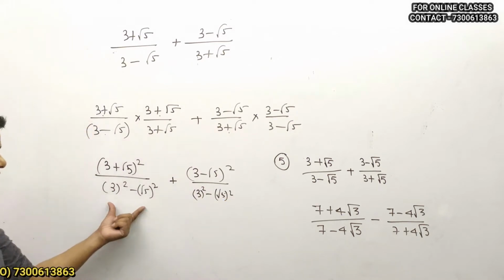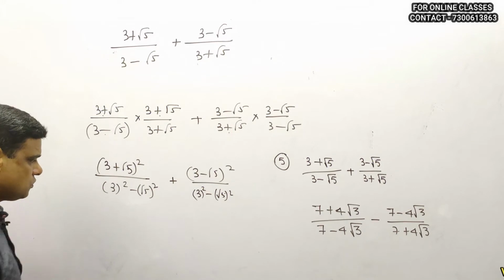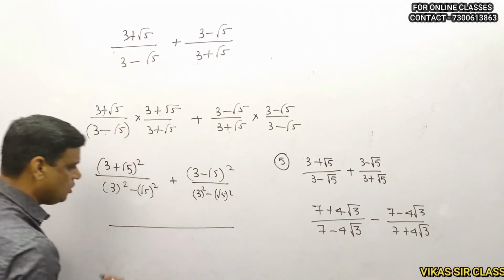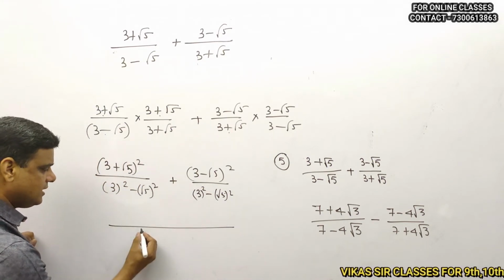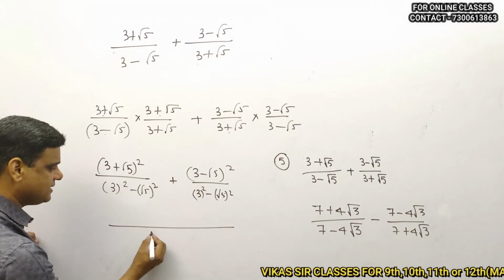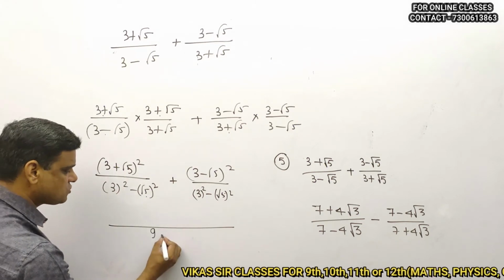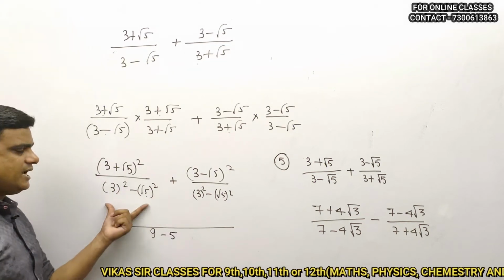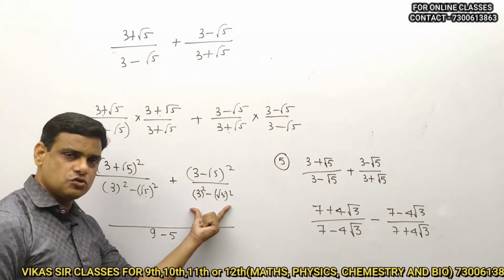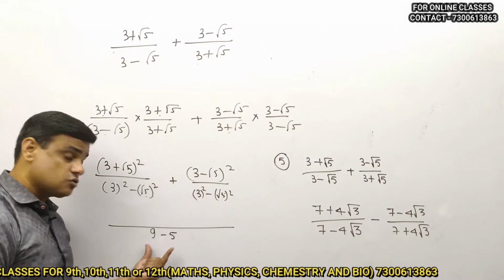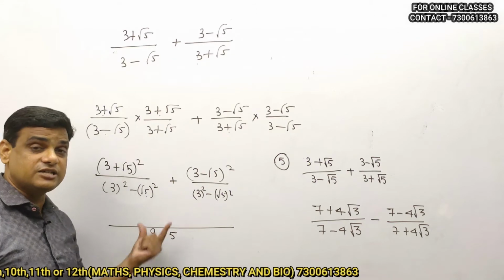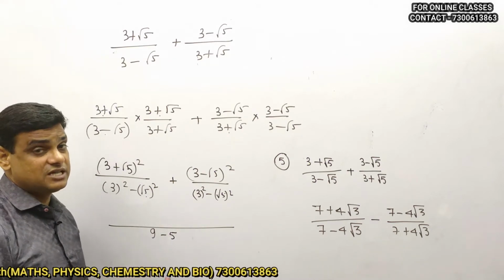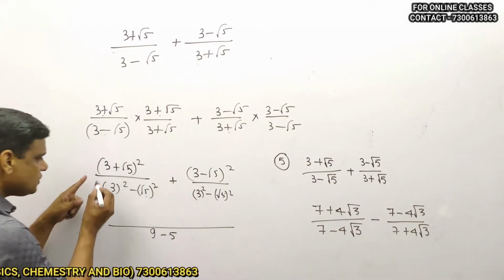Now see, the denominators are the same. You can take the LCM now. So the LCM is 3 square, that is 9, root 5 square is 5, 9 minus 5. Here also it is 9 minus 5. So the denominator is again the same, 9 minus 5, that is 4.